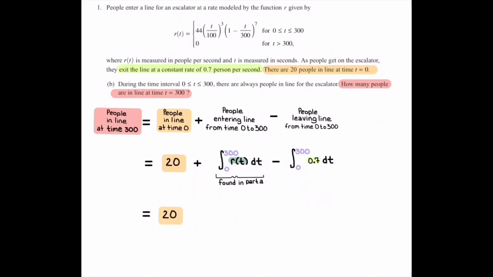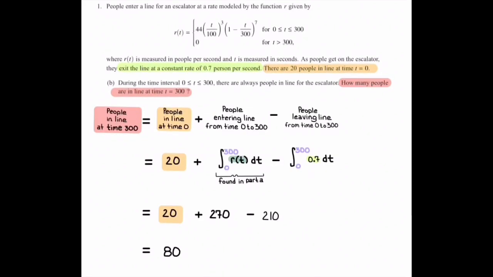The number of people in line at time 300 is 20 plus 270 people, which was the answer from Part A, minus 210 people, which is the answer to the integral from 0 to 300 of 0.7 dt.